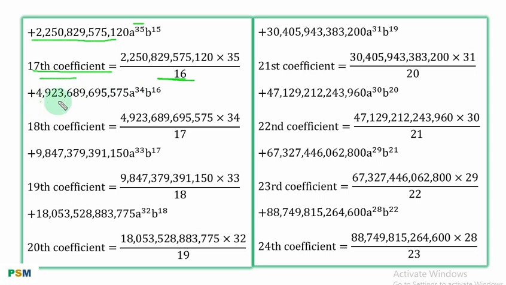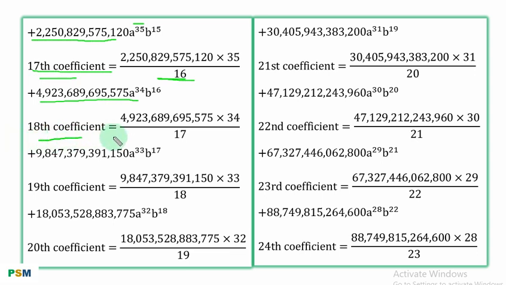You have this result. Once again, note the decrease and increase in the powers of A and B in the next term. The next term, the power of A will decrease, the power of B will increase.